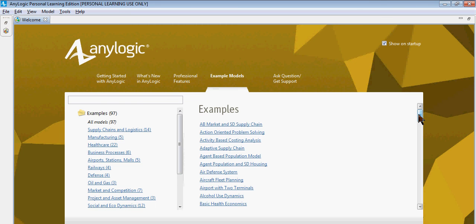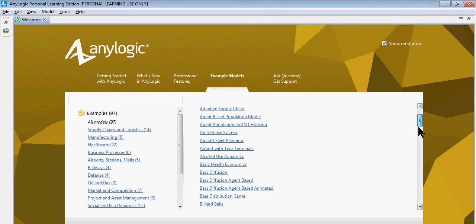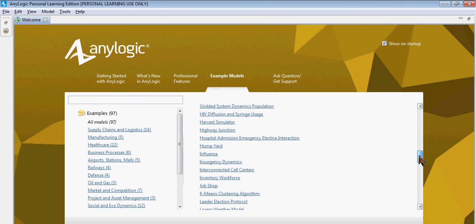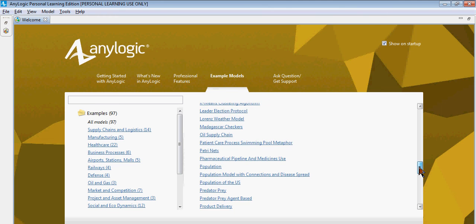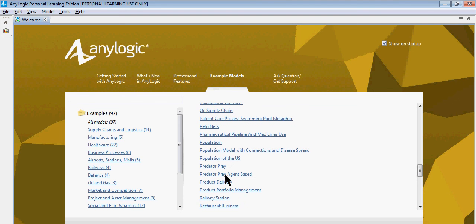And we're going to look at the same basic area we just did, but from an agent-based perspective. It's called predator-prey agent-based. I want to contrast that with the last one, which is predator-prey. Same basic system, just depicted with different building blocks, different mechanism.